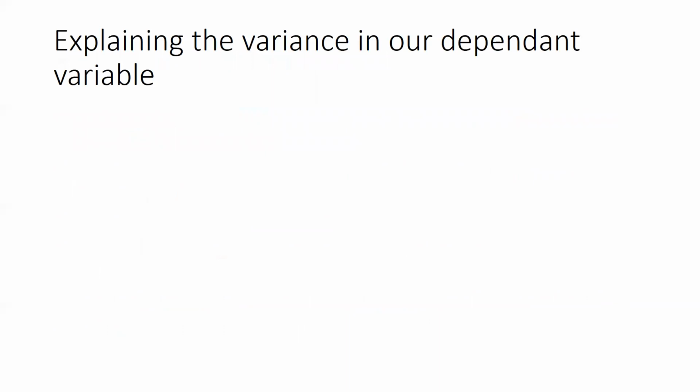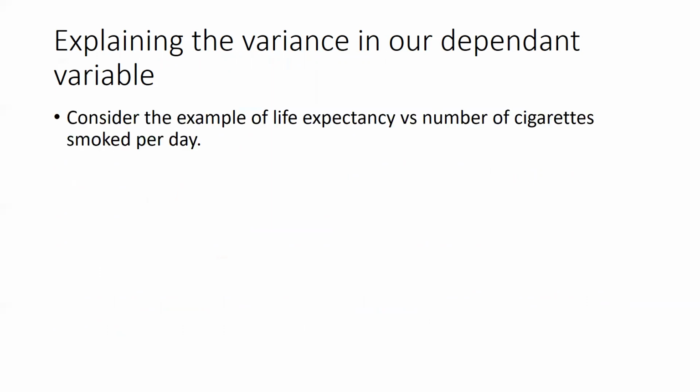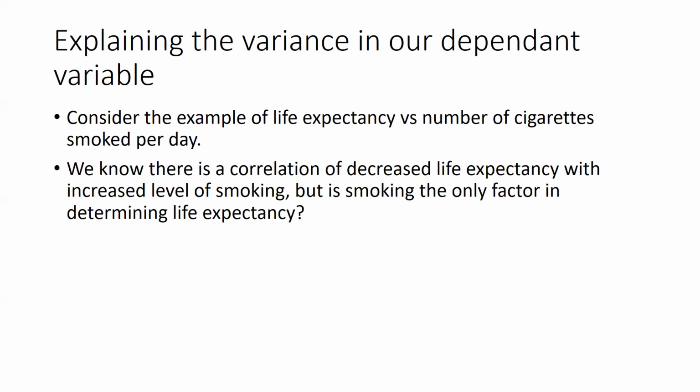Now, on to explaining the variance in our response variable. Consider life expectancy versus the number of cigarettes smoked per day. Obviously we know from evidence that the number of cigarettes you smoke per day is going to impact your life expectancy for a number of reasons. Knowing this correlation, as humans we can say, well, the more you smoke, the less you'll live.